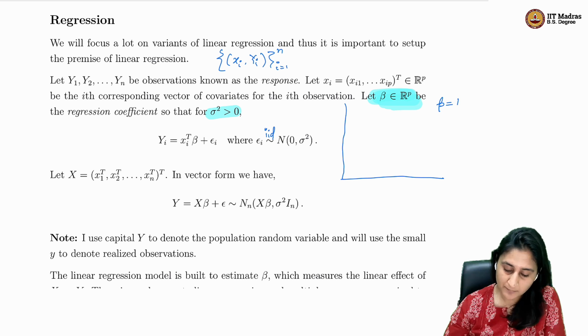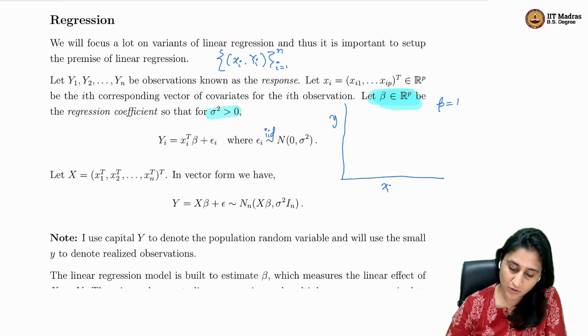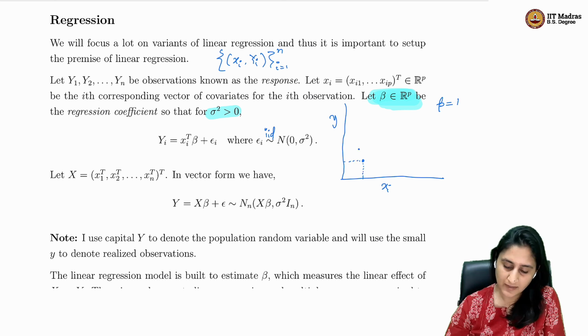And I plot that xi, so x is on my x-axis and y is on my y-axis. For each tuple that I have over here, xi, yi, I draw a dot. So this is an xi value and this is a yi value. Similarly, I have other data that I might have collected. Maybe I have 100 data points, something like that.